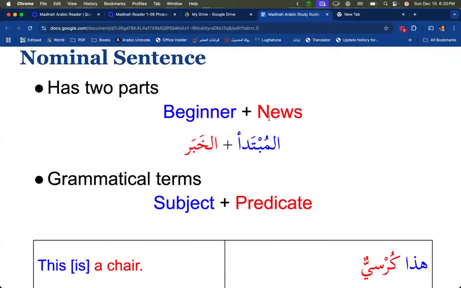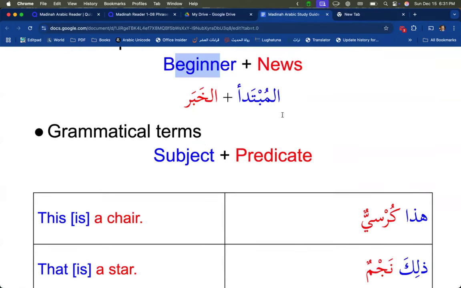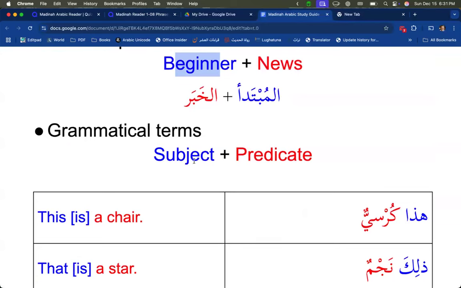Okay, so this is the mubtada and the khabar, right? And the is and the are is implicit in Arabic, right? There's no word for is, there's no word for are. You just have to understand that there's a mubtada component, the beginner component, and then there's the news component, the khabar component. In grammatical terms, the subject is the mubtada, the predicate is the khabar.